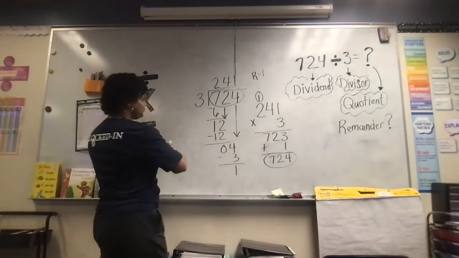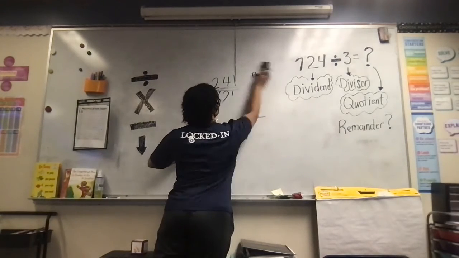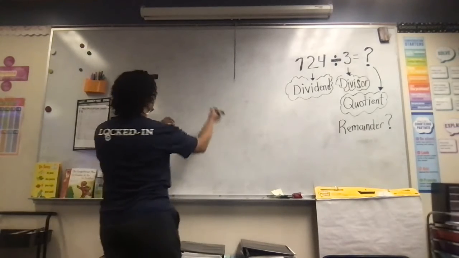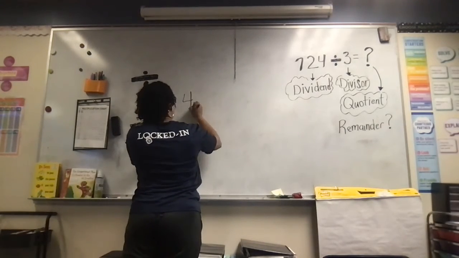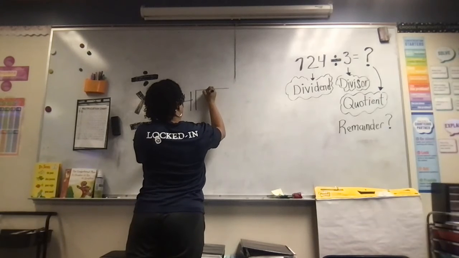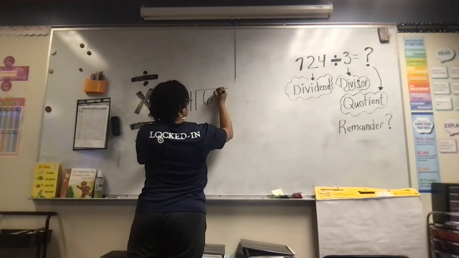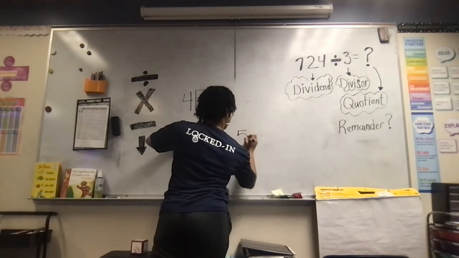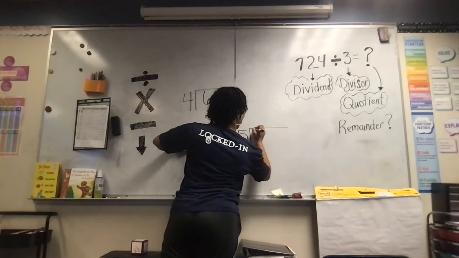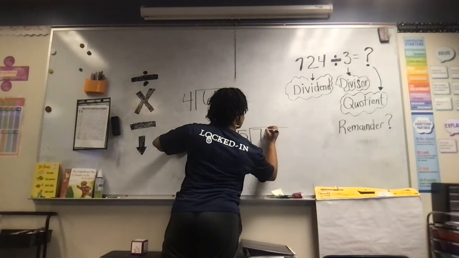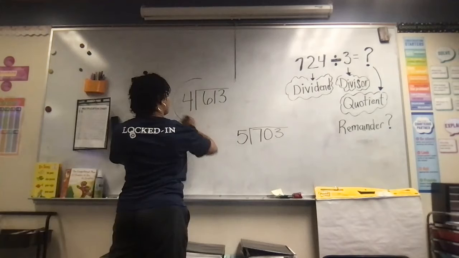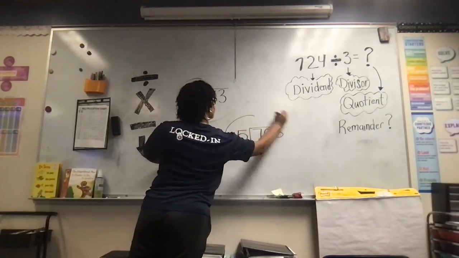All right. So now, your turn. Let's see, we'll do 613 divided by 4, and 703 divided by 5.